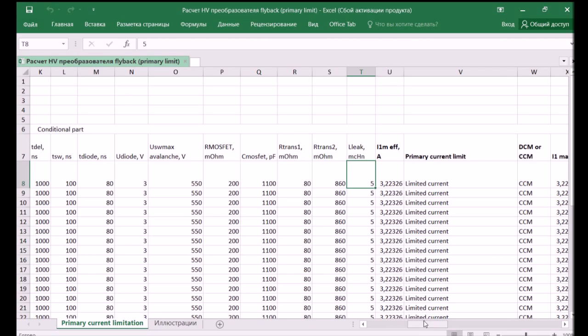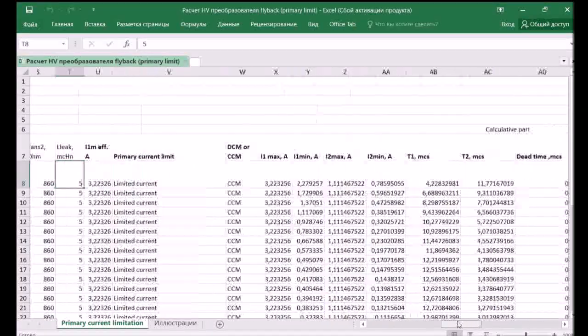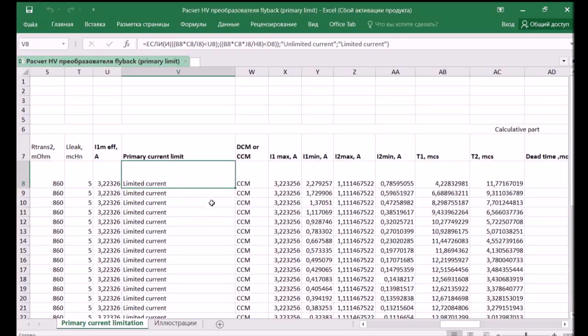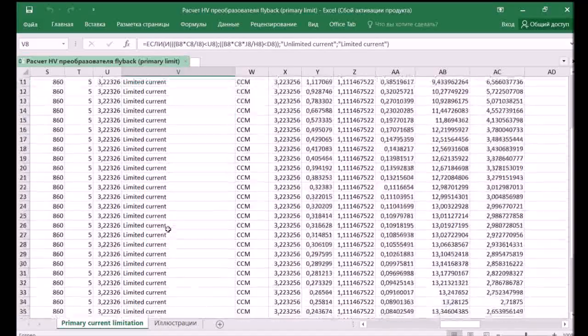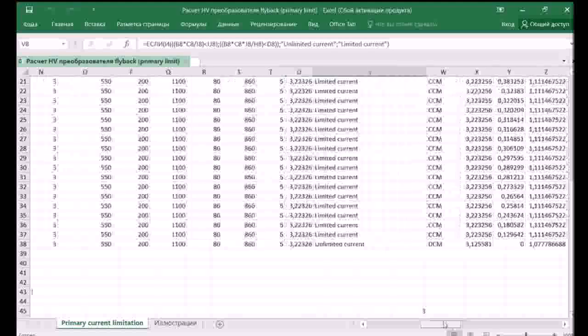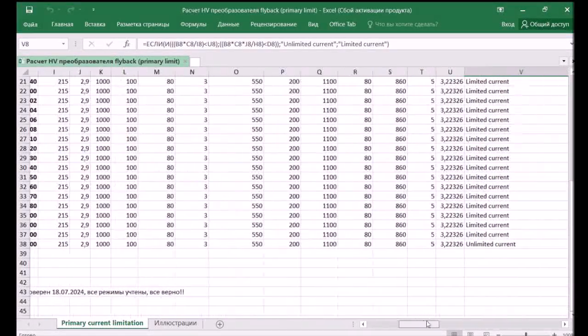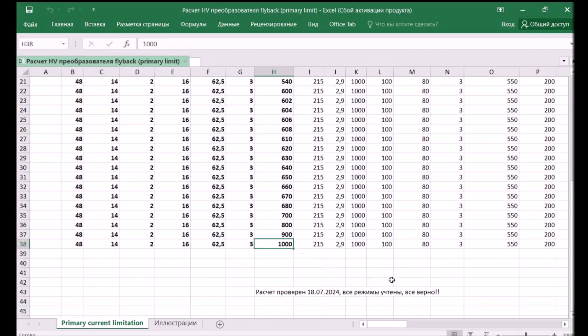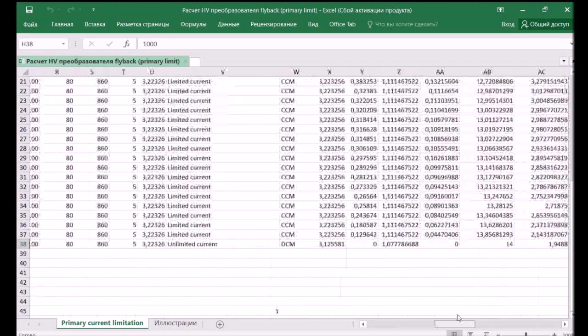Okay, now what is calculated? The calculated here is at first some additional parameters, so-called official: maximum current in the primary winding, primary current limit. Here the fact that current limitation takes place is established. For now, we can see that according to these parameters, it is unlimited only when the output voltage is 1000 volts.